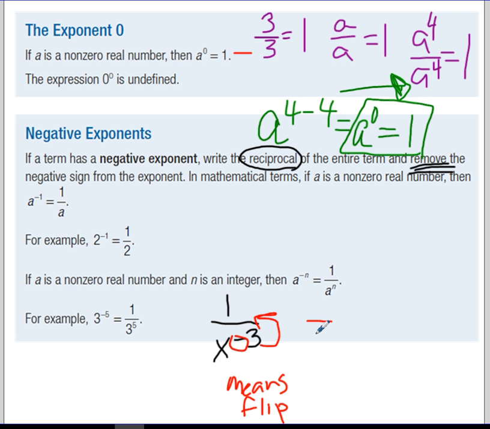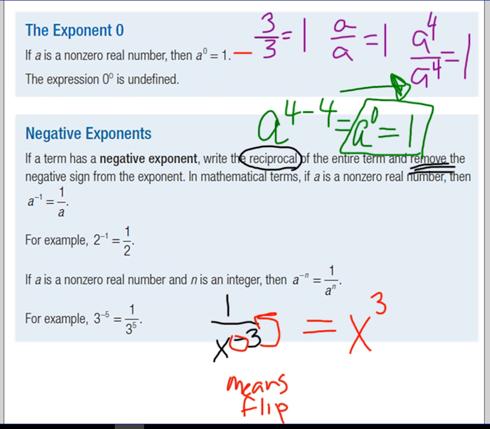And so we would get x to the 3rd power. Once it moves, it's used up that negative sign. And technically we would put it over 1, but we know we don't have to write a denominator of 1. Anything divided by 1 stays the same. And so if you have 1 over something with a negative exponent, it moves up to the top and becomes, in this case, x cubed, or x to the 3rd power.